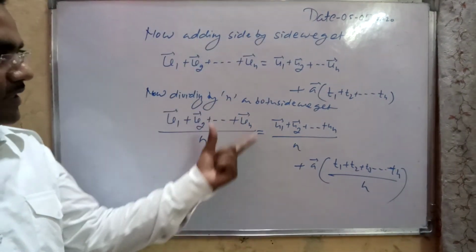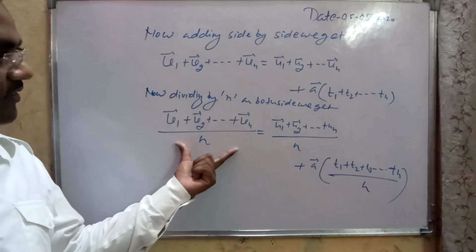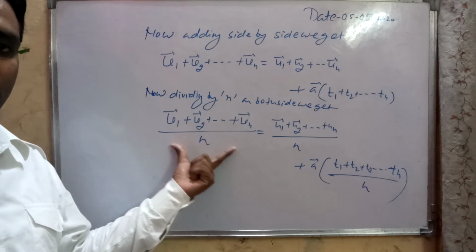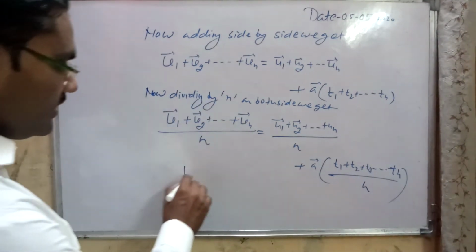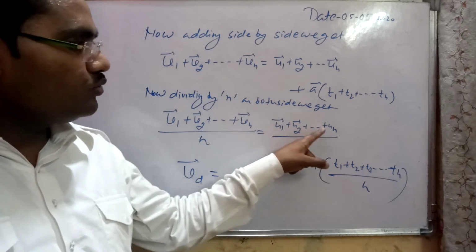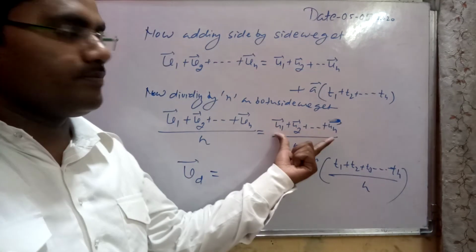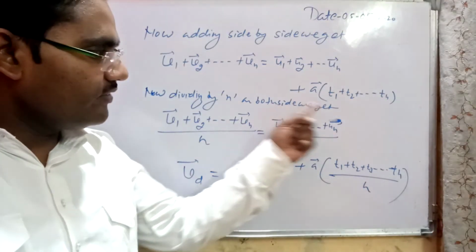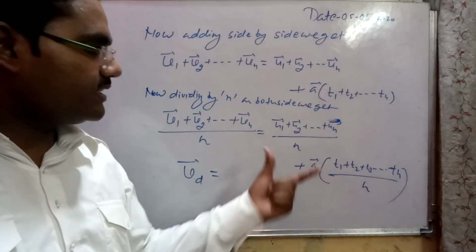By definition of drift velocity, it is the average of final velocity gained by free electrons after applying the field. That means this left side term is the drift velocity. The u1, u2, u3 and un are the thermal velocities of free electrons in the absence of an electric field, and the average of thermal velocities of free electrons in the absence of an electric field is 0.